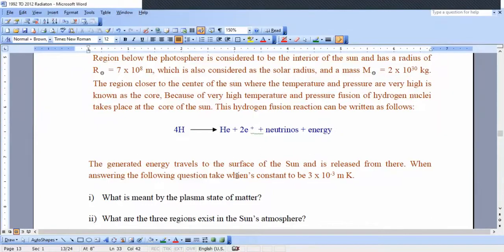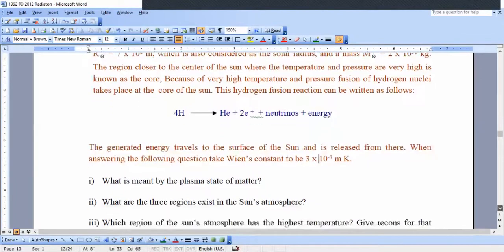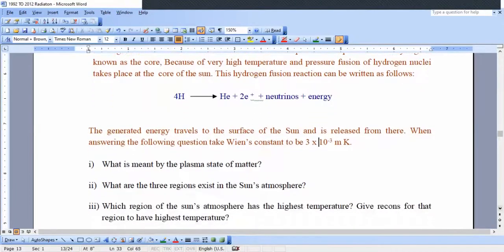Right, thank you, dear. This is Wien's constant. You may not have heard it, but I write Wien's constant. You will learn about Wien's constant later. 2009 matter and radiation equation. What is meant by plasma state of matter? What does it mean, dear?